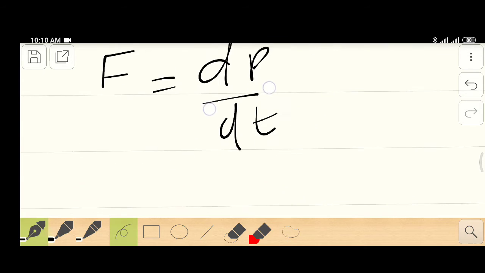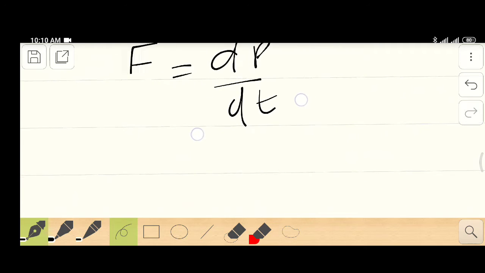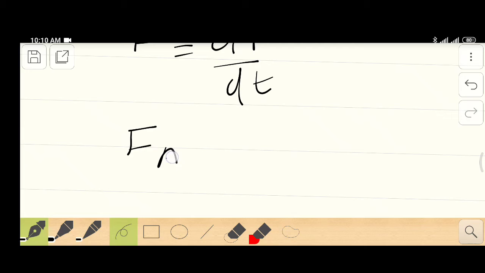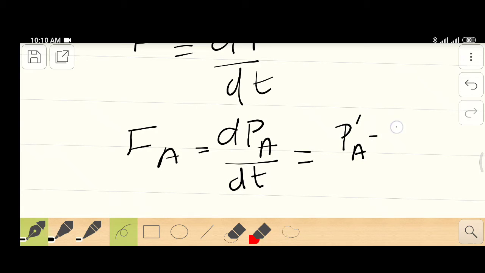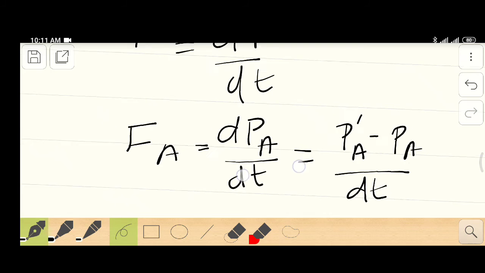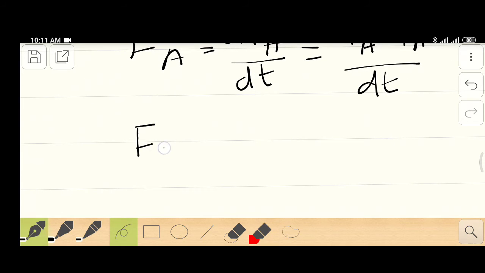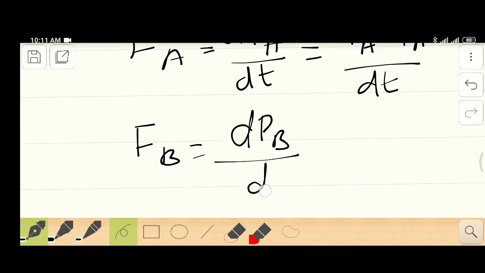Then F_A will be equal to dP_A by dt, where dP_A is equal to P'_A minus P_A. This is the change in momentum of body A divided by dt. In the same way, F_B will be equal to dP_B divided by dt, which is equal to (P'_B minus P_B) by dt.